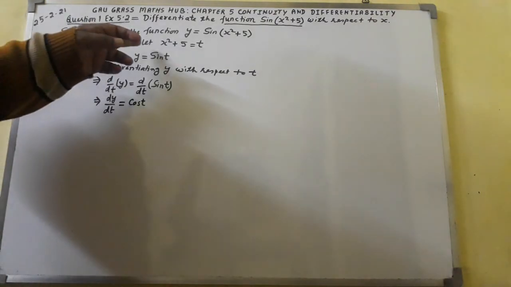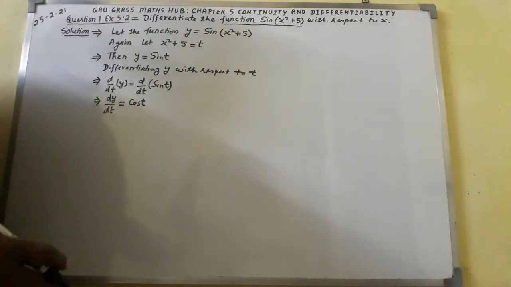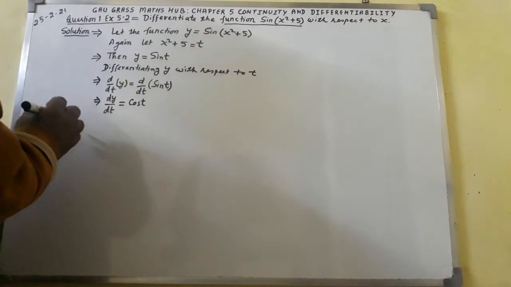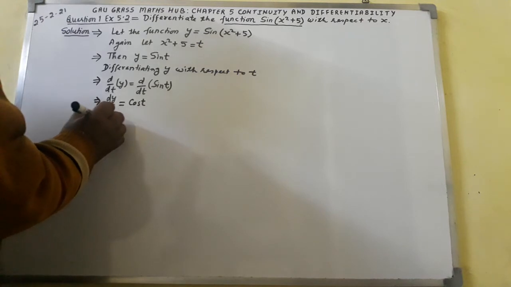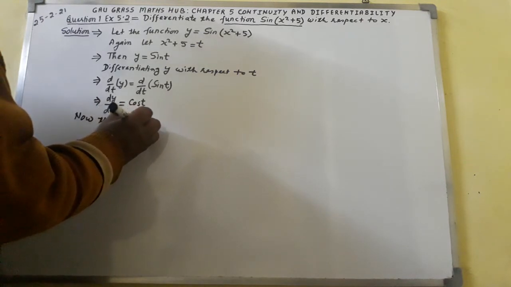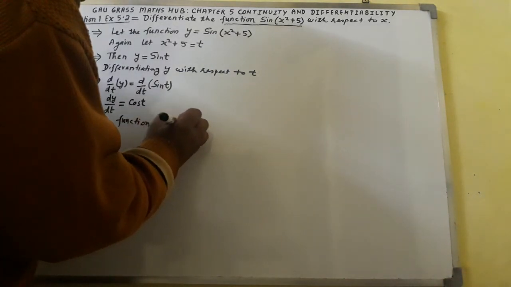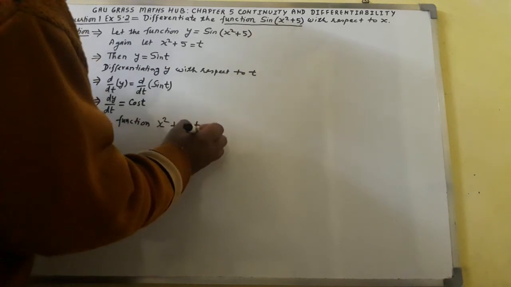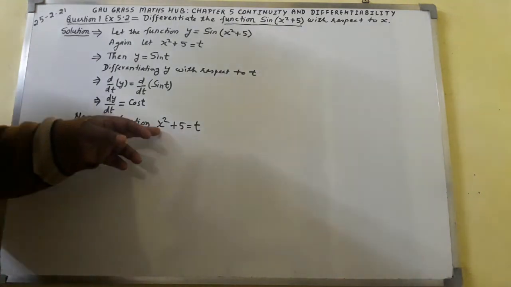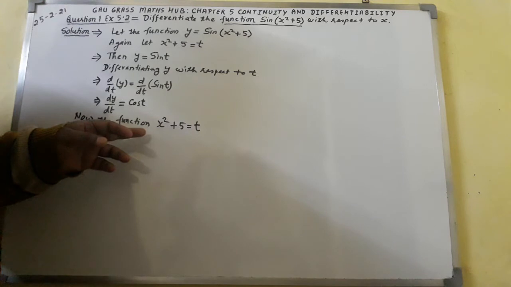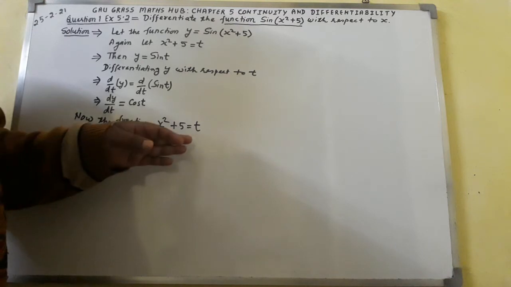Now here you have let x square plus 5 equal to t. So write the function again: x square plus 5 is equal to t.